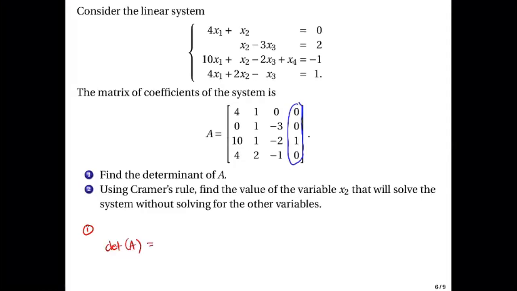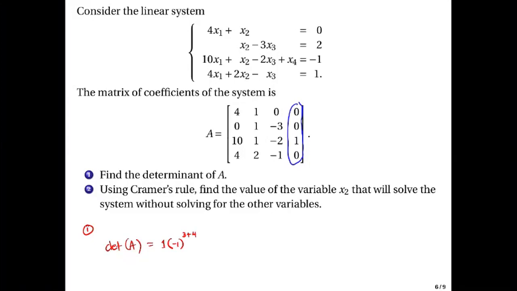So this is equal to 1 times negative 1 to the power of 3 plus 4, since this 1 is at entry 3, 4.